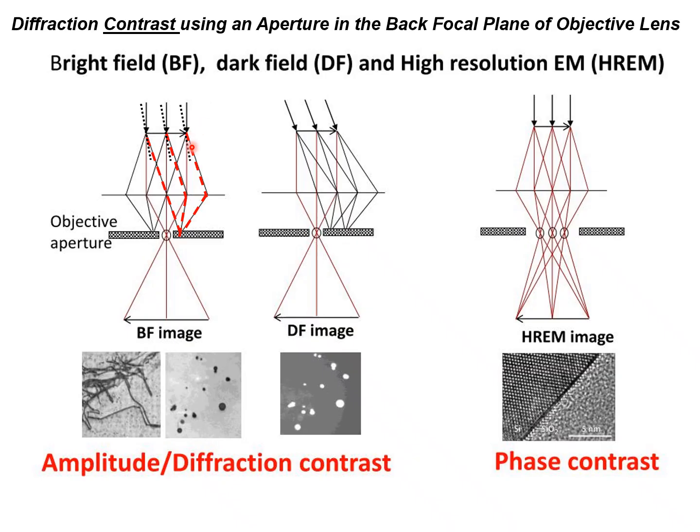Likewise, if you take those deflected or diffracted beams and collect the intensity from them, where it was dark in the bright field image, it's bright in the dark field image. And phase contrast, which is what you would normally use for imaging cavities, small cavities, bubbles, or atoms, whichever you want.